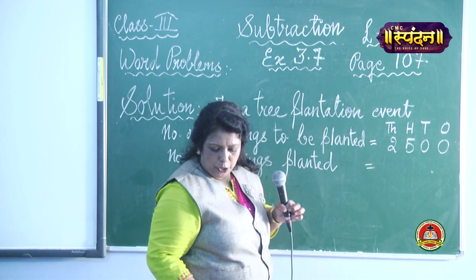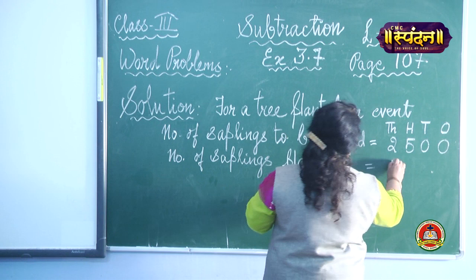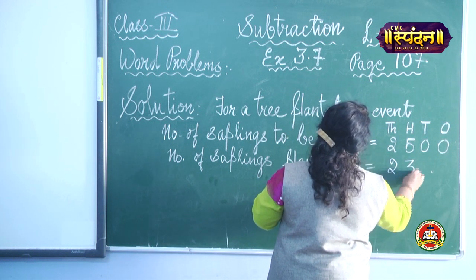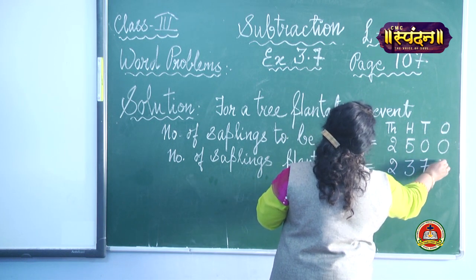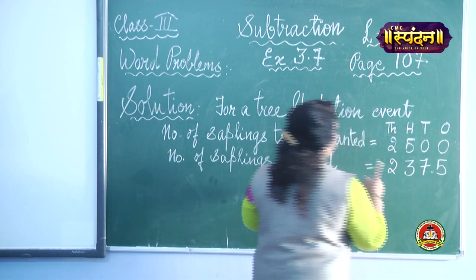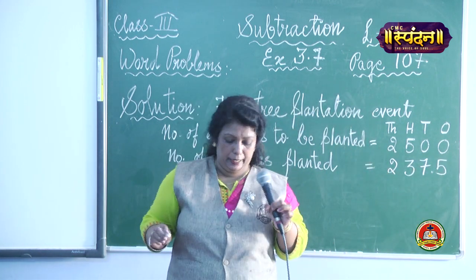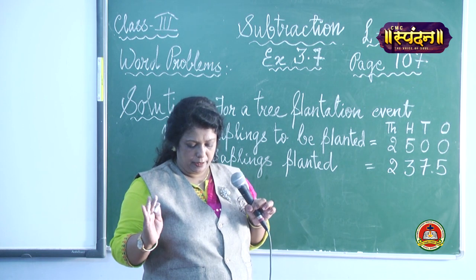That is 2375. Right? My dear students, write in columns only. छोटा छोटा करके लिखना, right?